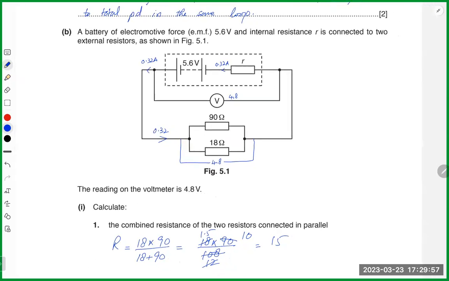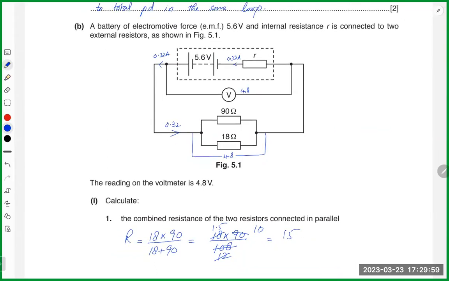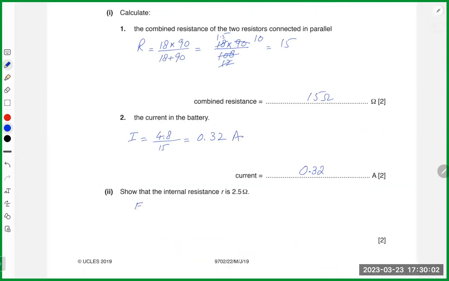The formula is EMF minus Ir equals V. So r equals E minus V over I. So 5.6 minus 4.8 divided by 0.32. 0.8 divided by 0.32.